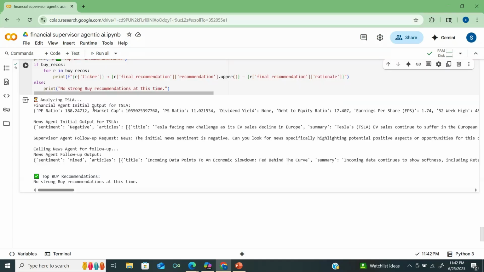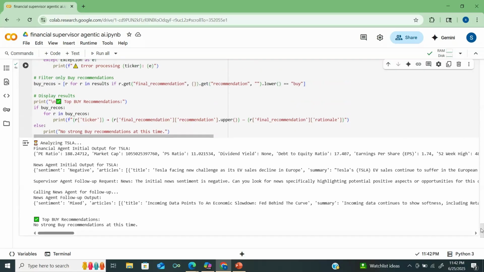The financial agent has retrieved all the financial metric data, and the news agent gave the sentiment as totally negative. So that's the reason the supervisor agent made a follow-up request, as the initial news sentiment is negative. It has asked for the positive aspects also. After analyzing, it recommended not to buy, no strong buy recommendation at this time.